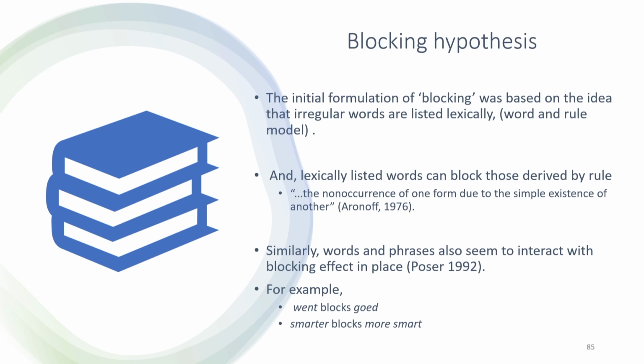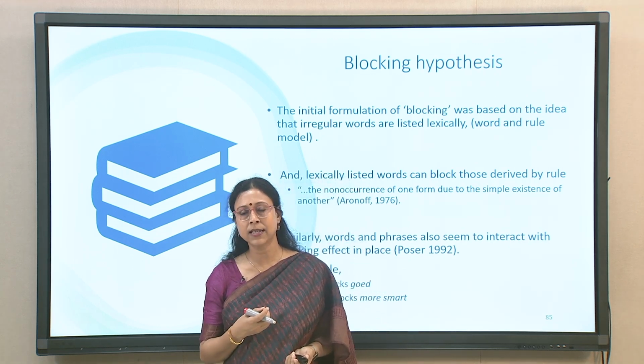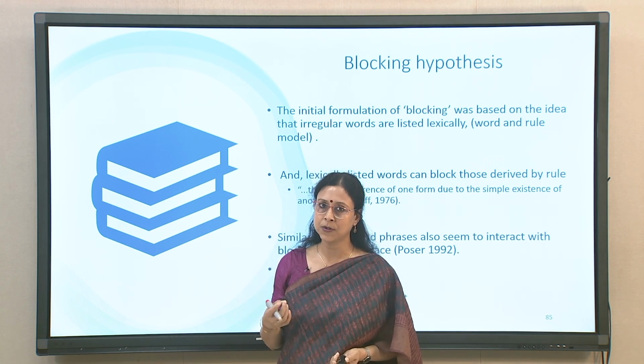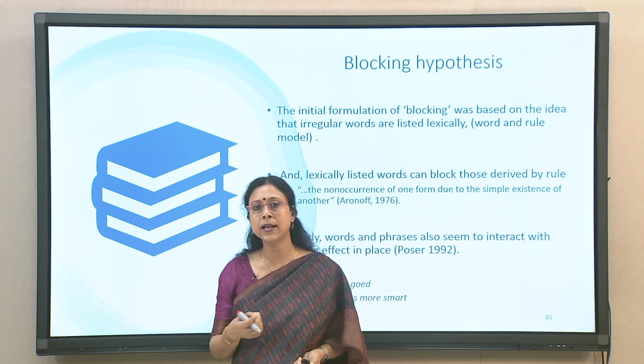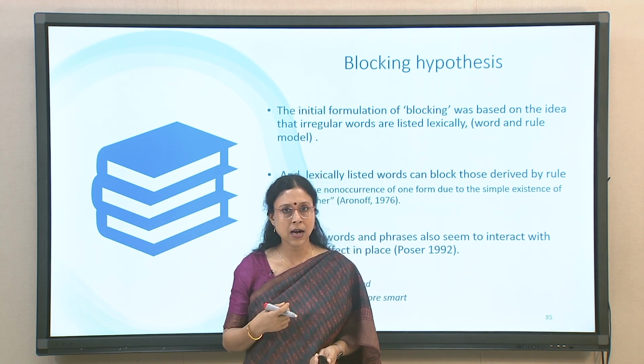The idea of blocking was based on the idea of irregular words that are listed lexically. That is what the word and rule hypothesis says. While discussing our past tense debate, we discussed the same thing, that go to went is part of the irregular form. So, went is an irregular form, whereas walk to walked is part of the rule based output.